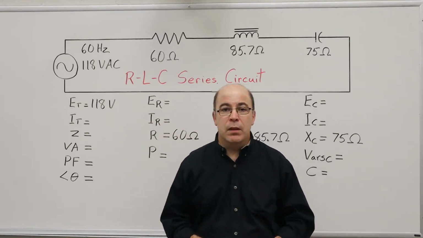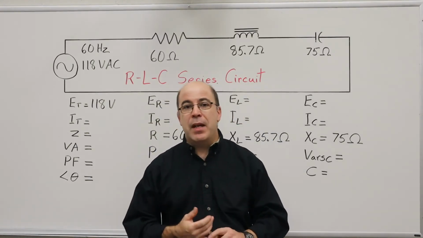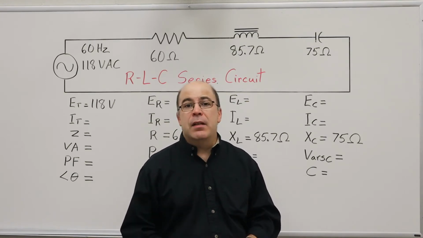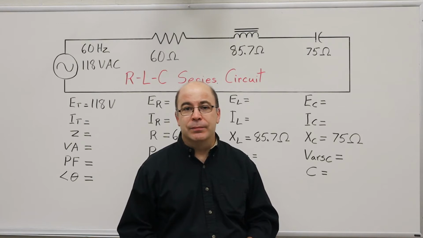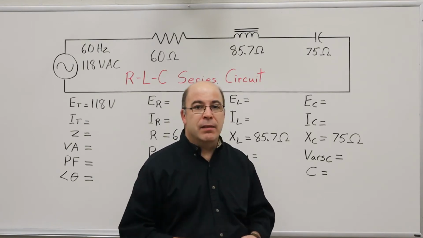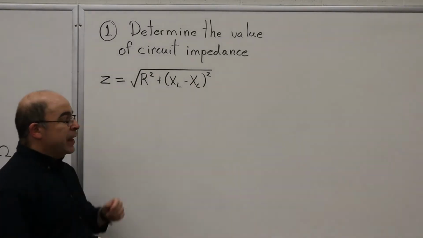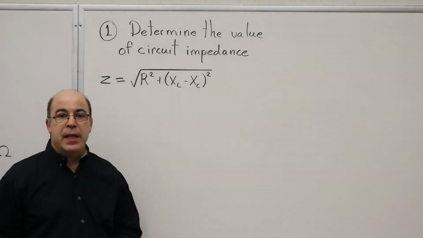So follow along. You'll need pen and paper, well, preferably a pencil, and a scientific calculator. So let's get started. Our first step is we're going to calculate the value of circuit impedance.